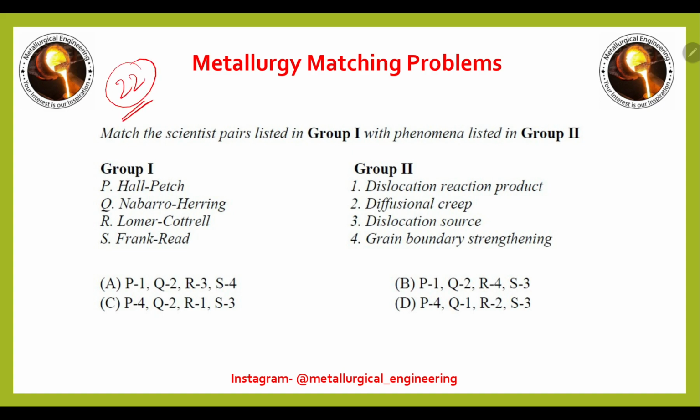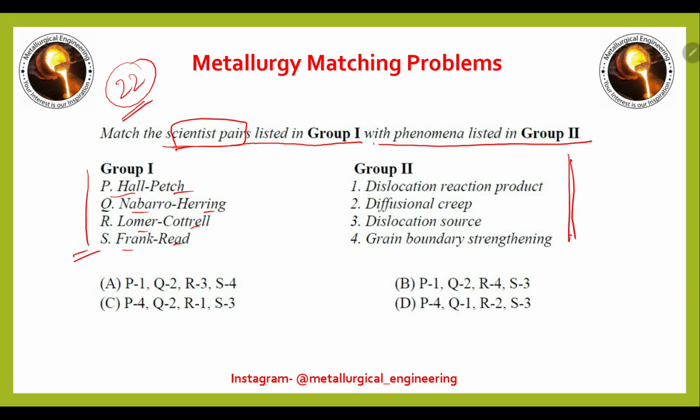This is the 22nd matching problem, and we will match the scientist pairs listed in group 1 with the phenomena listed in group 2. These in group 1 are the names of scientists, that's why it is called scientist pairs.